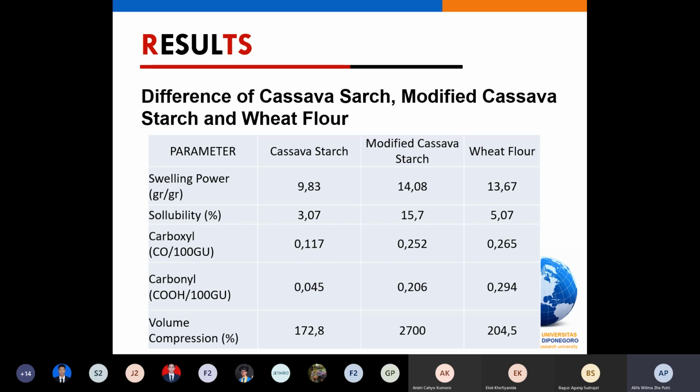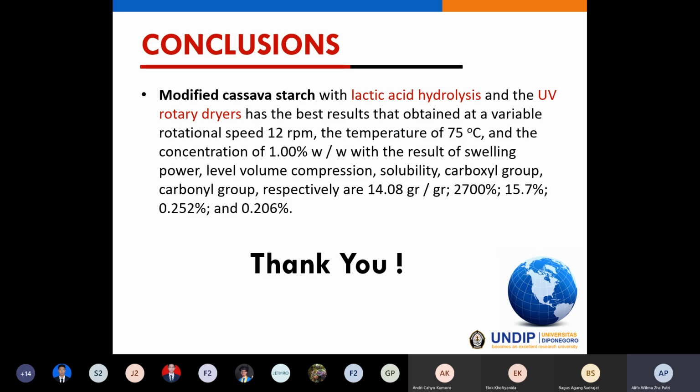So we could say that the cassava starch that has been modified could be used as a substitute for wheat flour. This is the modified cassava starch with the best result from the previous data.